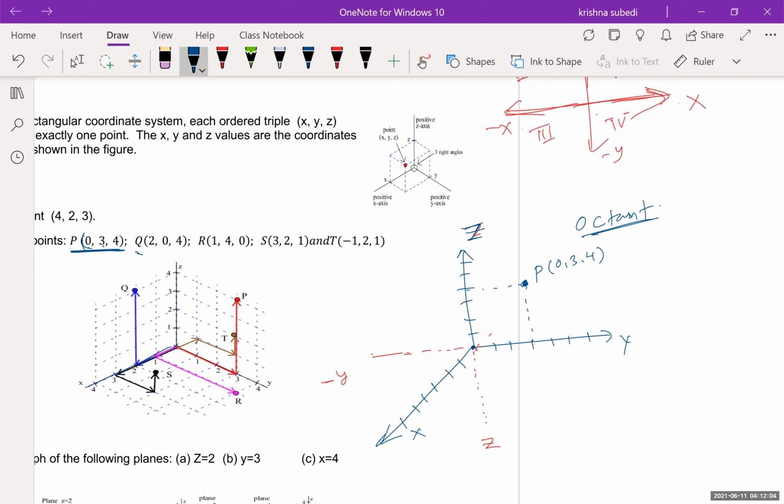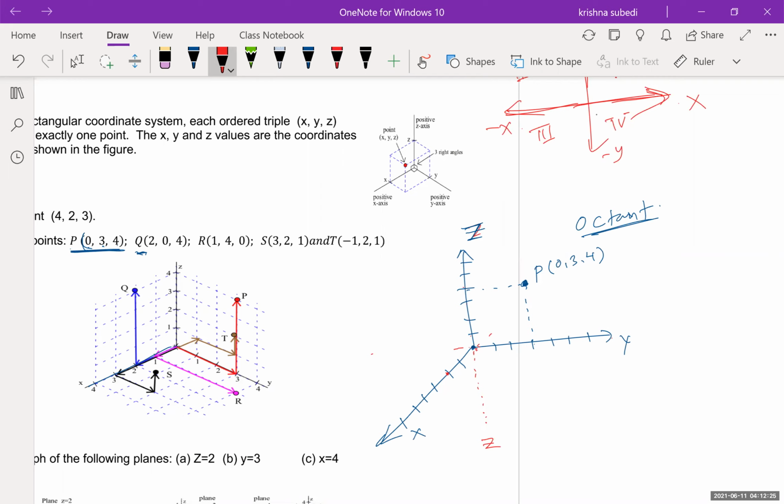Let us plot point Q, 2, 0, 4. X is positive 2, which is here, that's positive 2 here. And then your Y is 0, and Z is 4. So Z is 1, 2, 3, 4.